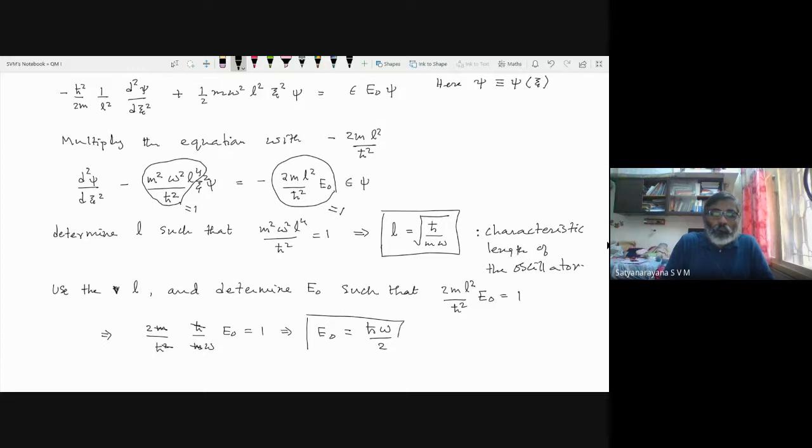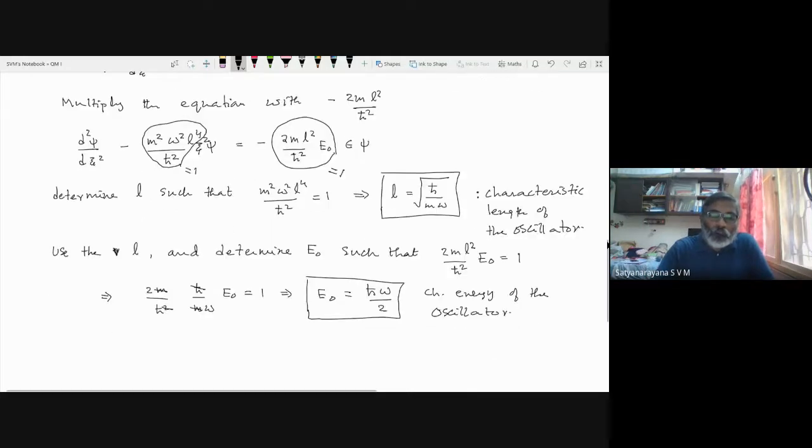So this is a kind of characteristic energy of the system. This is the characteristic energy of the oscillator. That means you are always trying to measure energy in terms of these units.